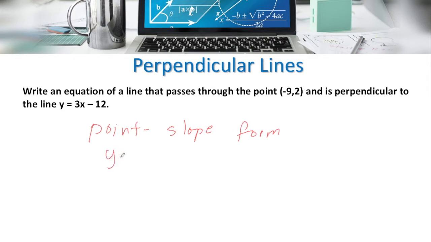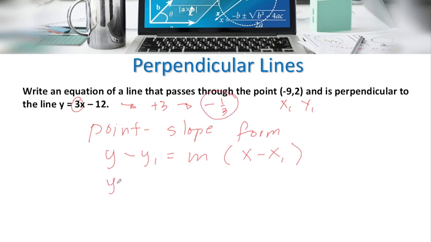That is y minus y1 equals m x minus x1. This is very simple because we will just plug in this x and y. And of course, you have to first get the negative reciprocal of positive 3, which is negative 1/3.